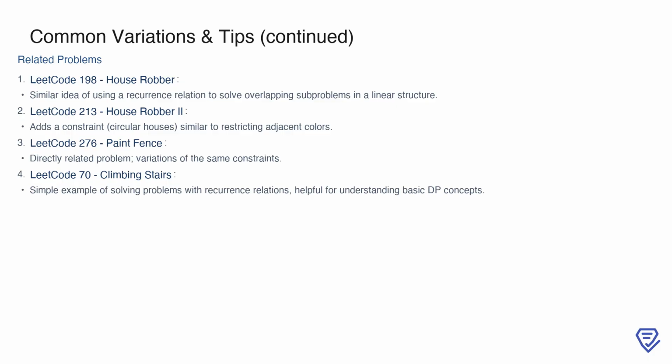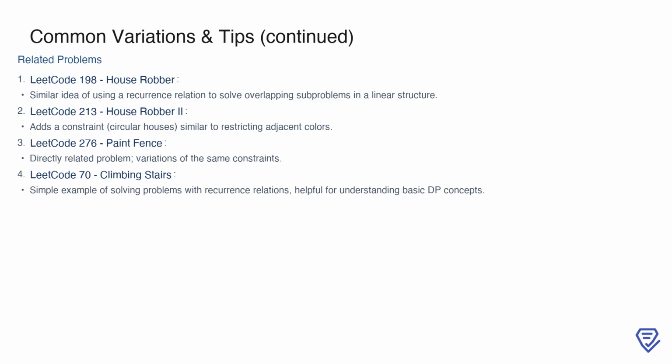For instance, LeetCode 198, the house robber problem, involves using a recurrence relation to solve overlapping subproblems within a linear structure. Similarly, LeetCode 213, house robber 2, adds an additional constraint with circular houses, which is akin to restricting adjacent colors in the paint fence problem.